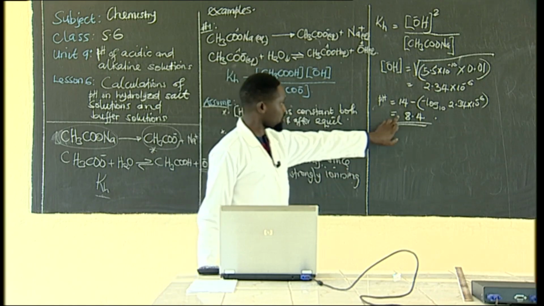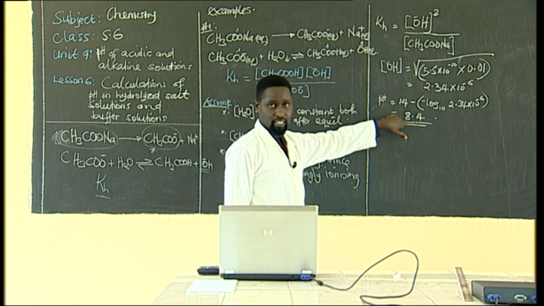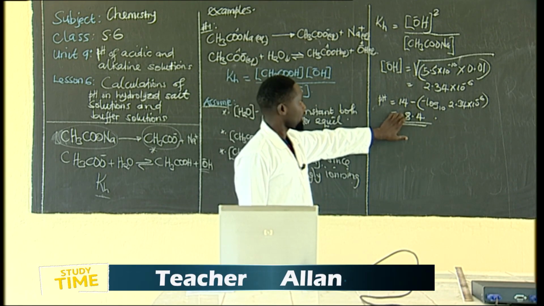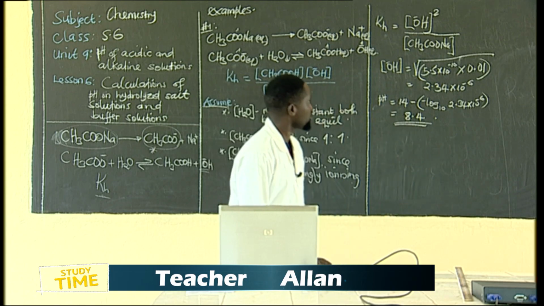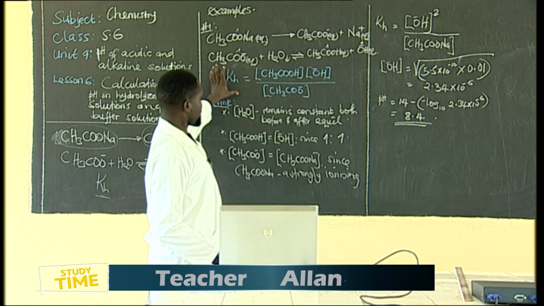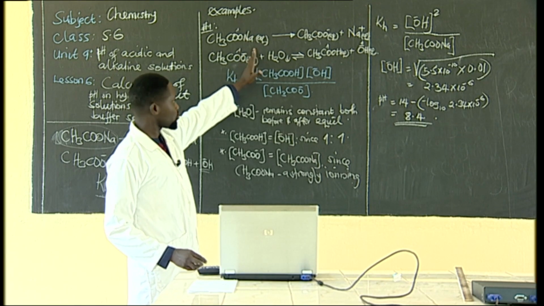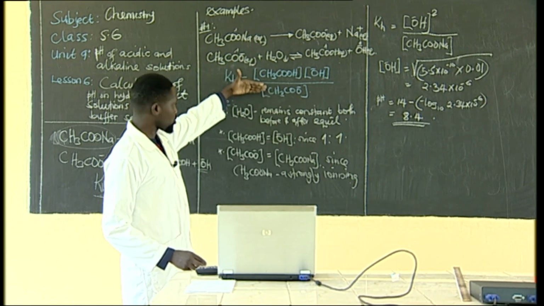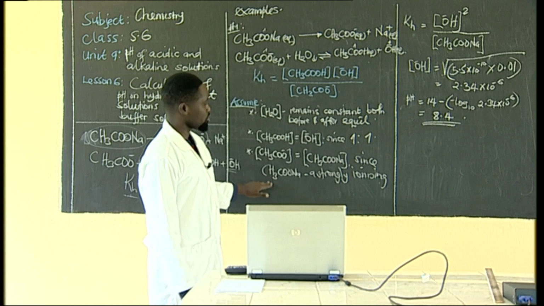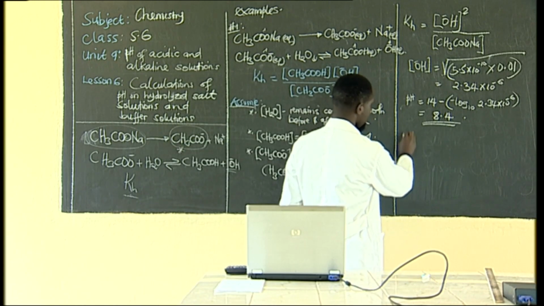You can notice this is a pH above 7, indicating this is a basic solution. So that is how you can quickly calculate a question involving the pH of a hydrolyzed salt if it is a basic solution. Look at the assumptions taken. Let's look at number 2.